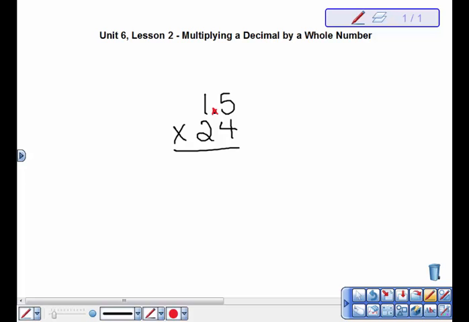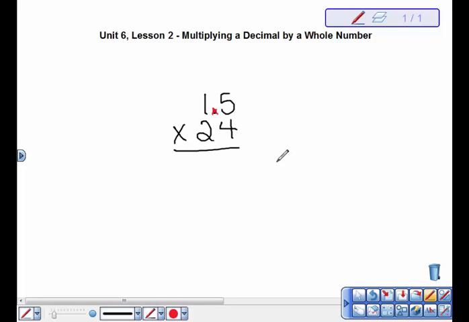I'm going to cross it out. And you're going to multiply as if this was regular old whole numbers. So just like that was 15 times 24, you're going to multiply that, and then at the end we'll put the decimal back.